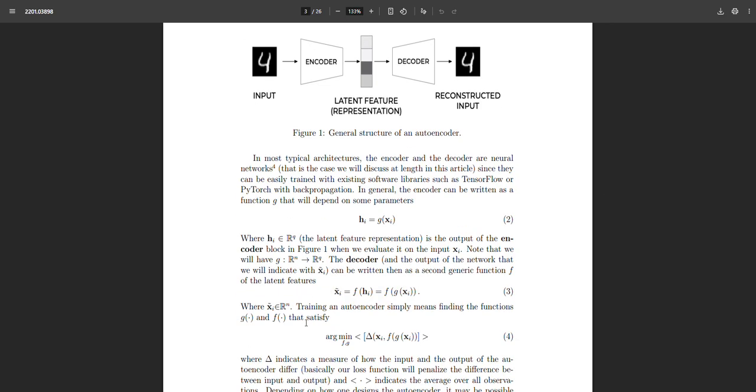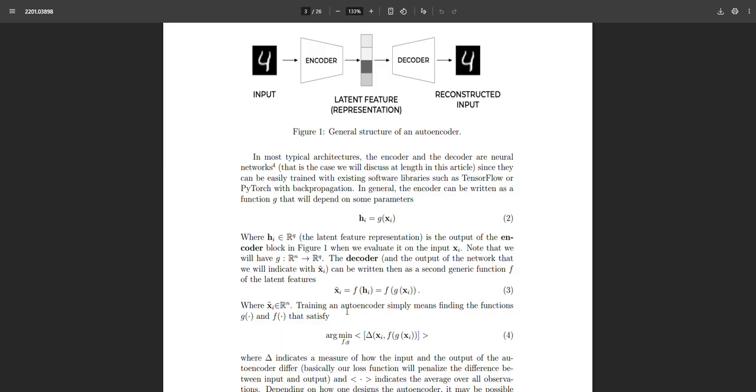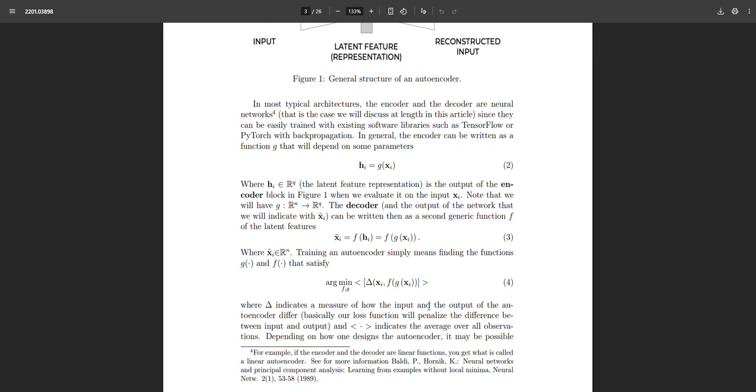The decoder then takes in this latent space representation and maps it back to the reconstructed input xi dash using a second function f. So training an autoencoder is a simple optimization problem. We're trying to find the functions f and g that minimize the difference between the original input xi and the reconstructed input xi prime or xi bar.